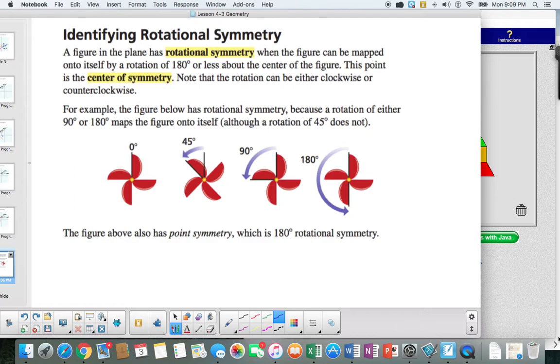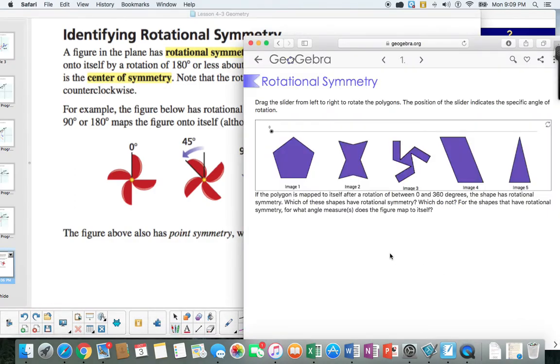Let's see, I have a little demonstration here on rotational symmetry. Let's go ahead, and this slider here will start turning. And we want to stop when it looks like one of the figures lines up. There we go.